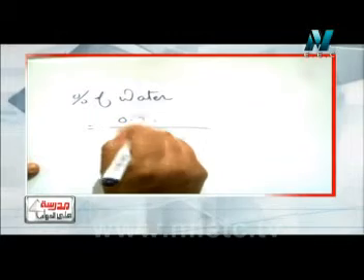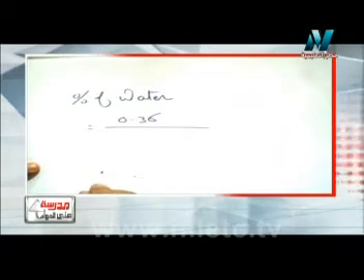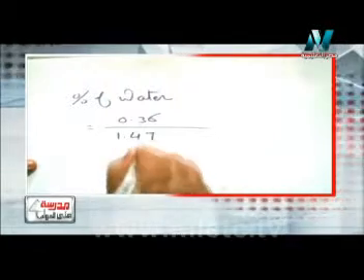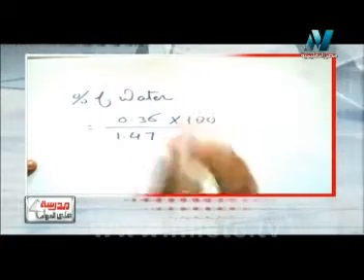Then we want to know the percent of water in this sample. The percent of water will be the mass of water, which is 0.36, over the total mass, 1.47, times 100.